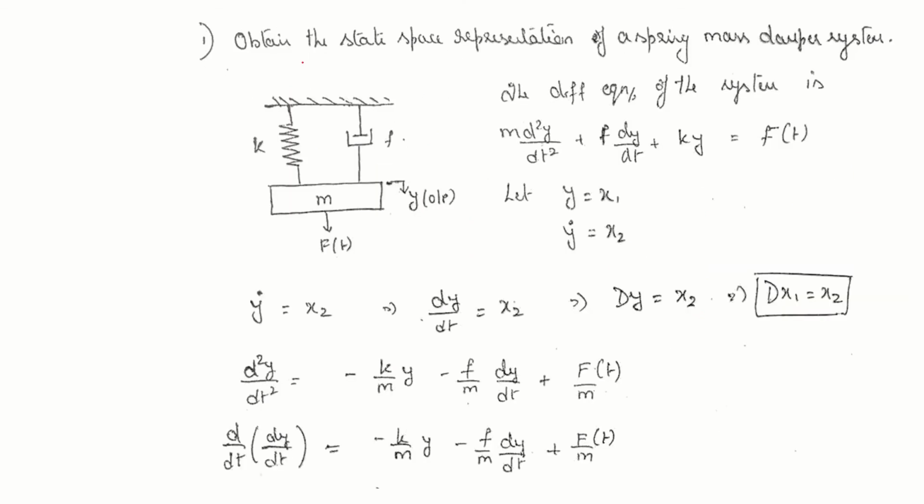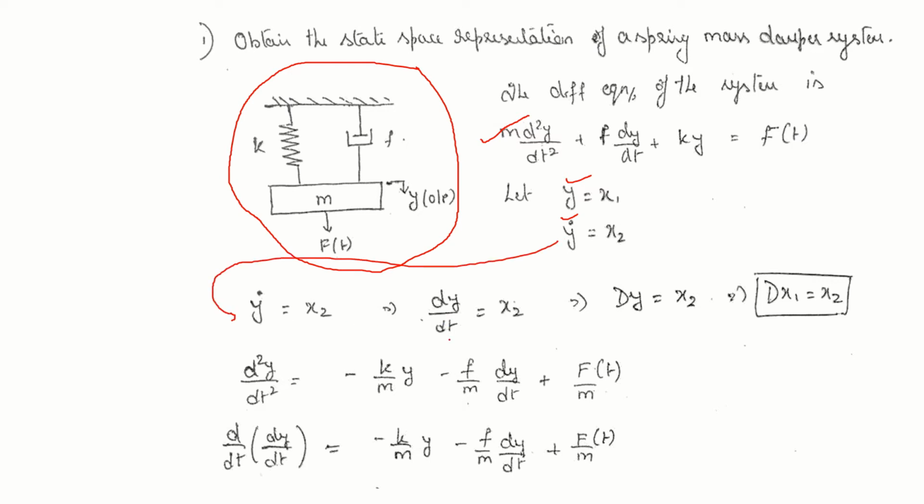Now, having known what a state model is, let us obtain the state model for a given system. Again, I have taken my favorite spring mass damper system, written the differential equation, and chosen the state variables.